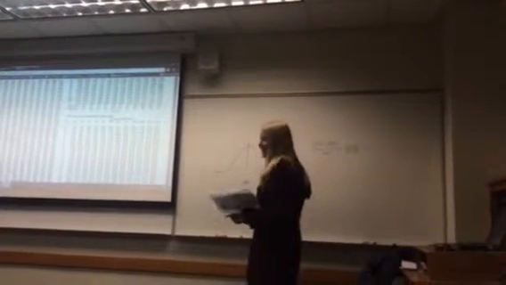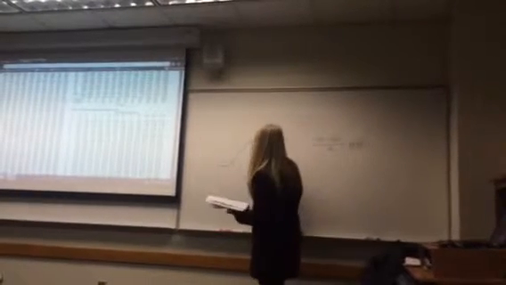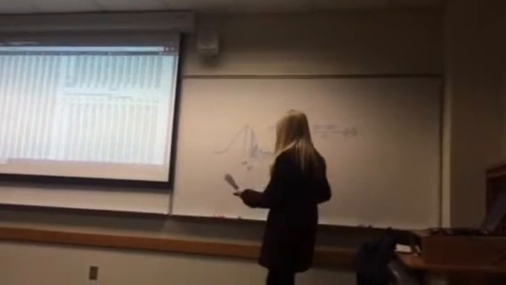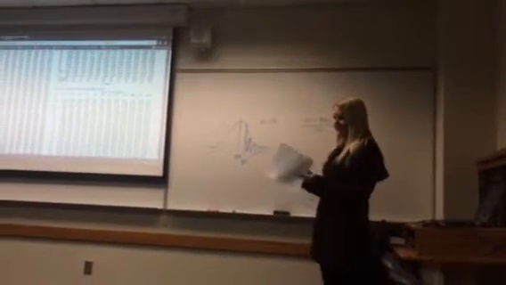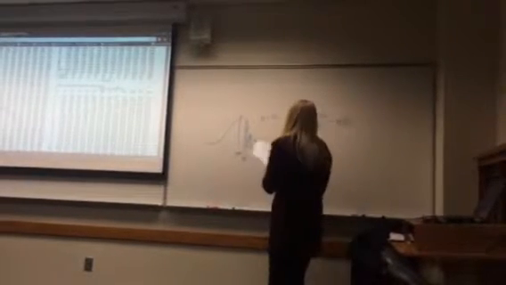So that's our answer, right? Is that our answer? No. So we're right here, 120. We're trying to find this area. Do you think that's 90% of the data? No. So that's why you draw it out, so you can tell.